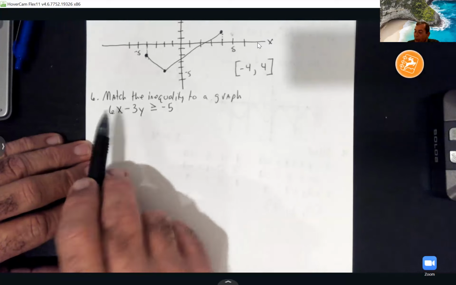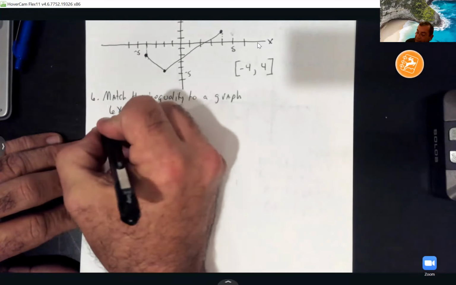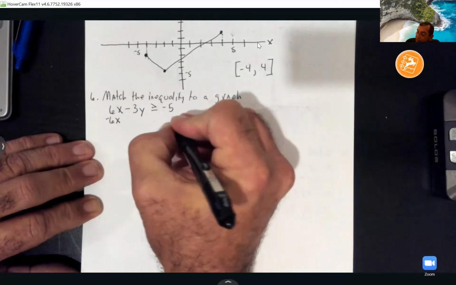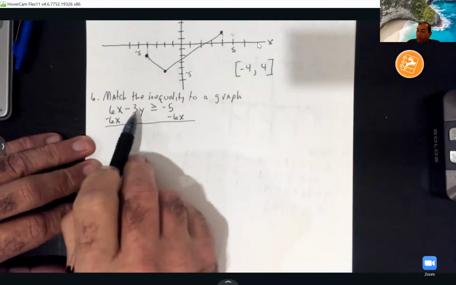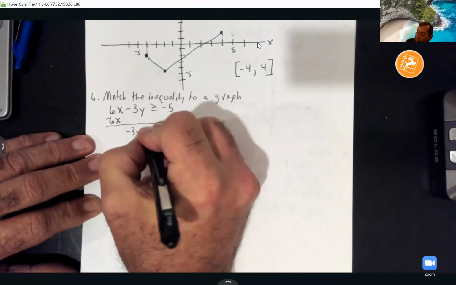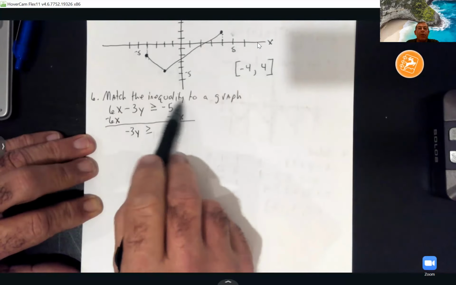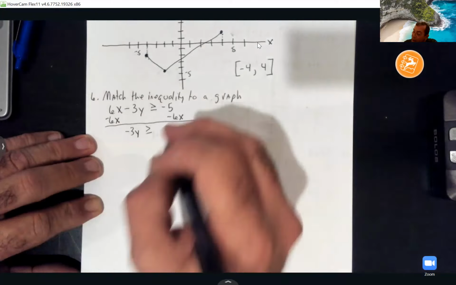So to solve it for the y, you got to move the 6x to the other side by subtracting 6x. So that's going to bring down our -3y greater than or equal to. So you don't have like terms. So I usually put my x's before my number.